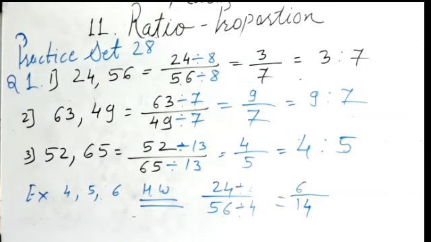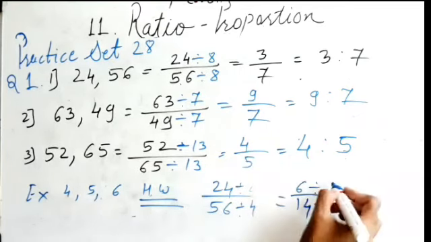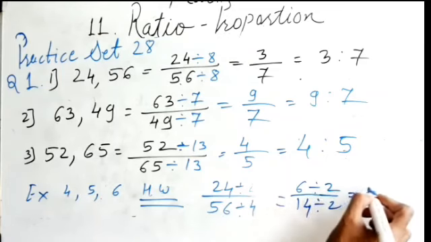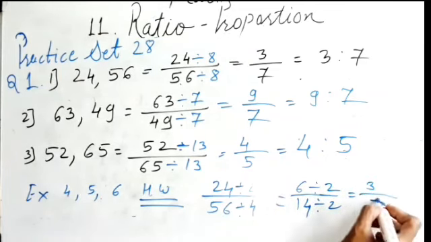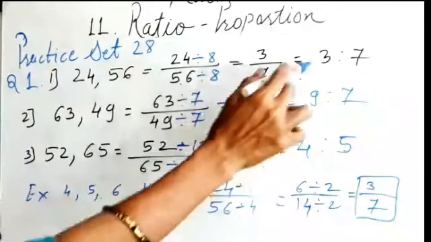So 6 over 14, if you keep this answer this way, it is not the simplest form. So again you have to make it in the simplest form. What I have to do then? Again, if you divide it by 2, then what will I get? 2 3s are 6 and 2 7s are 14. So this is the last form which I get.